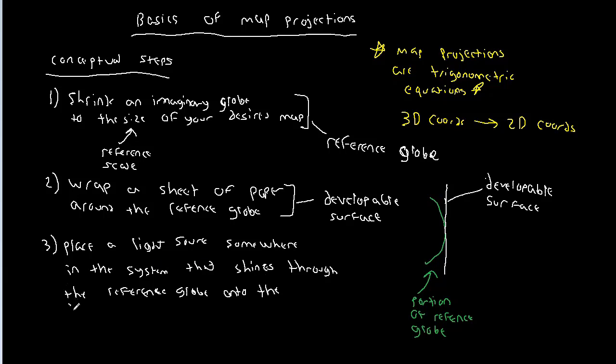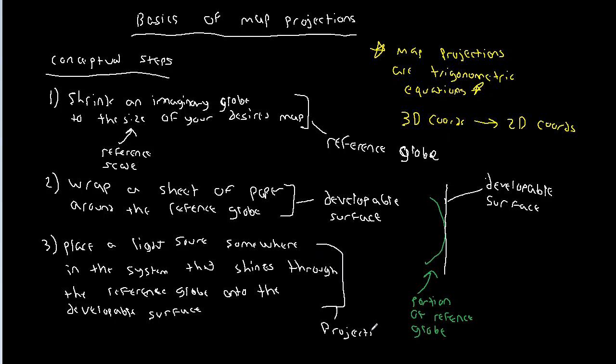So we're going to place a light source somewhere in the system that shines through the reference globe onto the developable surface. We call this light source the projection source.